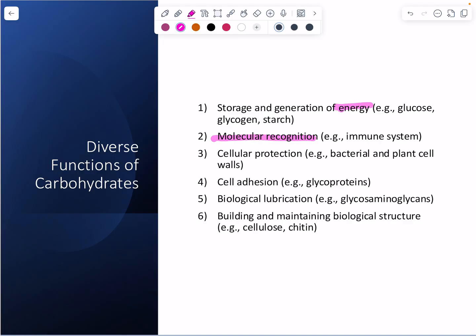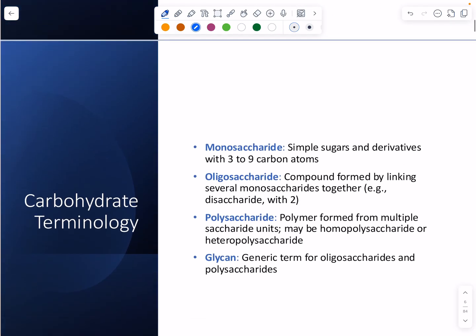So they can be used for cellular protection, for cell adhesion. They're also very good for making biological lubricants and also building and maintaining strong structures. So, for example, cellulose and chitin. Chitin is the main component of exoskeletons, right? And cellulose is what gives plants structure.